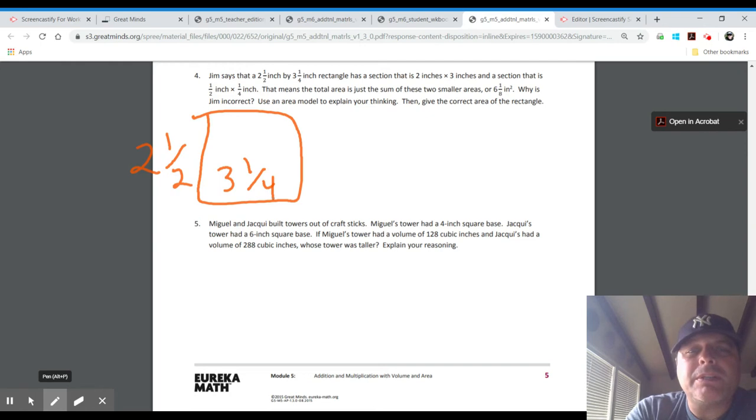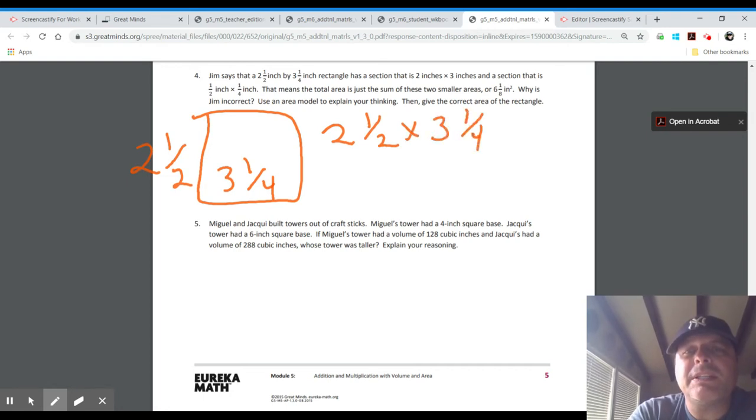So here we go. We're going to do 2 1/2 times 3 1/4. The first thing I'm going to do is change both of these mixed numbers into improper fractions. As you remember, 2 times 2 plus 1. 2 times 2 is 4, plus 1 is 5 over 2.